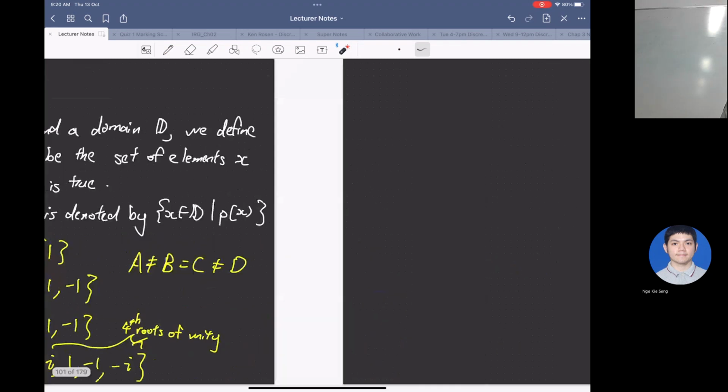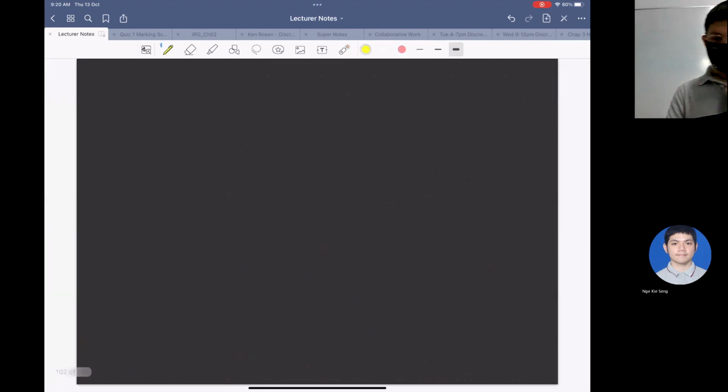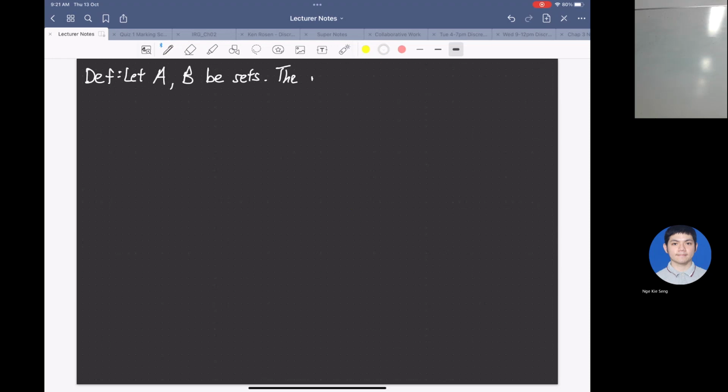Okay, next. Given two sets A and B, we can define another set. We can define the union of sets. We write it as A cup B. So what's the union?